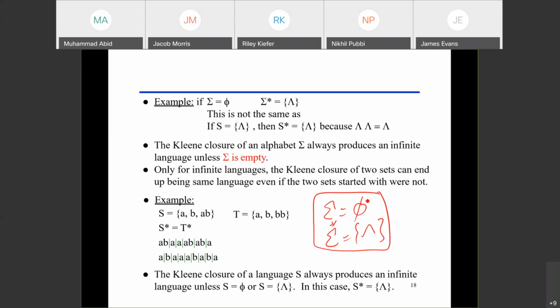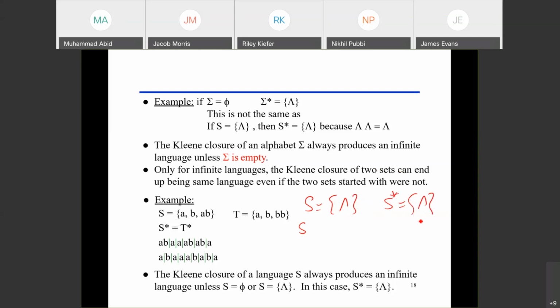Okay, so now we are saying that if you have a language S and this is equal to lambda, S star will also be equal to lambda. But this is not the same case as the one here. Why?